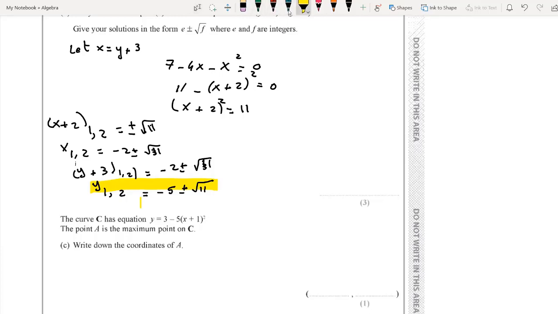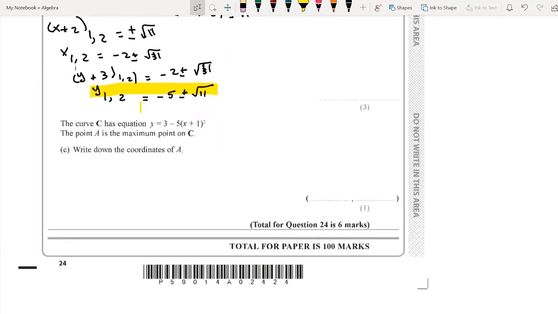We go to the next part. It says that the curve y equals e minus 5(x plus 1) whole squared has a maximum at point A. This is a quadratic equation, so it is going to be either a U shape or an N shape.